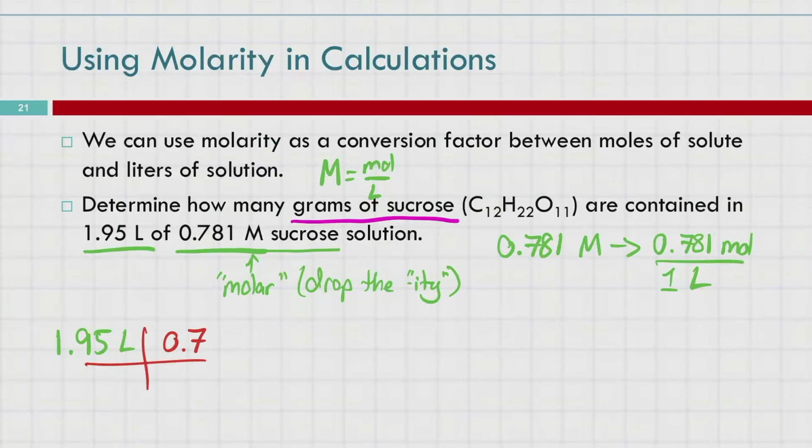So 1.95 liters times 0.781 moles per liter. This will tell us the number of moles of sucrose. 1.52295 moles sucrose or sugar.